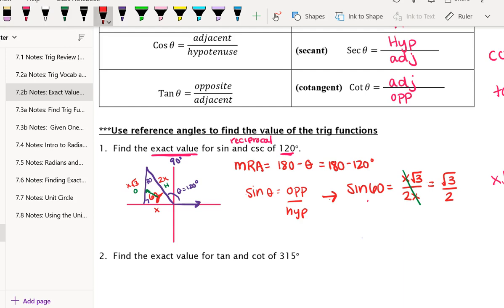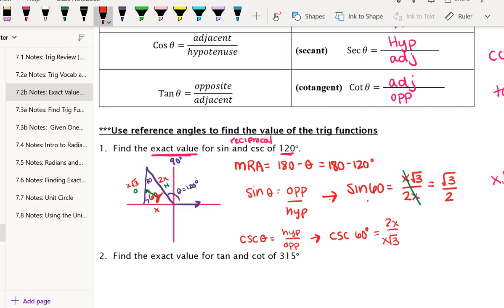Okay, the cosecant of theta is the reverse. We take the hypotenuse over the opposite. So I'm just going to reverse it. So the cosecant of 60 degrees is equal to the hypotenuse over the opposite, which is 2x over x square root of 3.